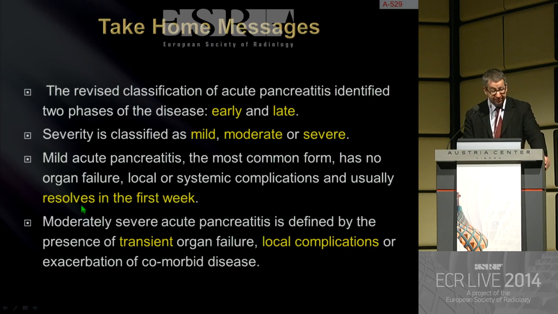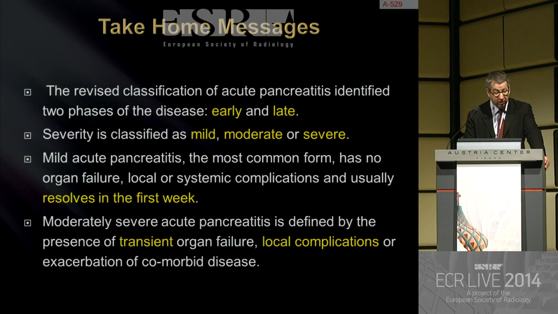So to conclude, the revised classification of acute pancreatitis has identified two phases of the disease, an early phase during the first week and a late phase after the first week. There are three grades of severity. Mild acute pancreatitis is the most common form, has no organ failure, local or systemic complication, and usually will resolve in the first week.